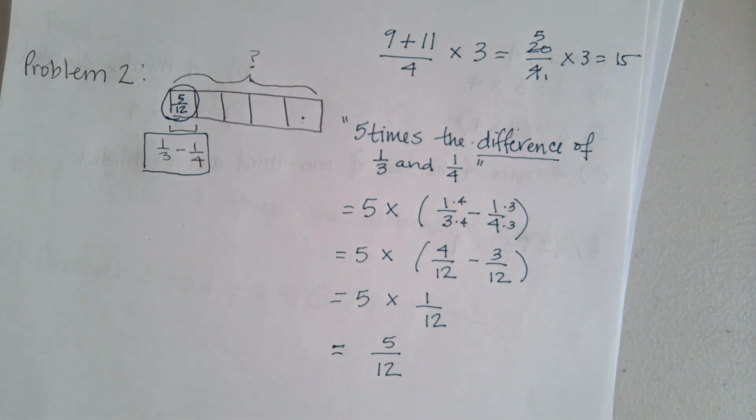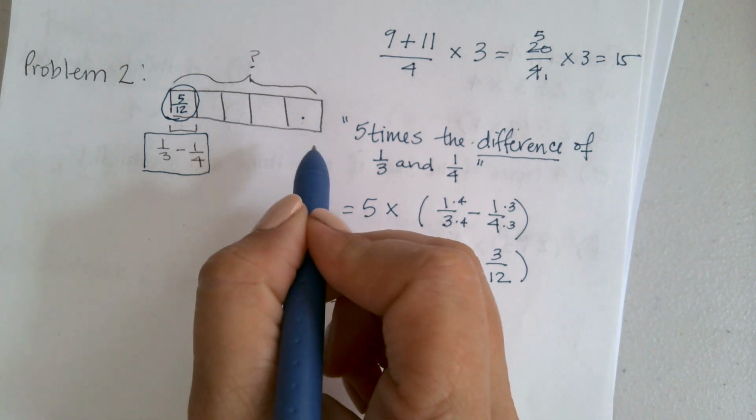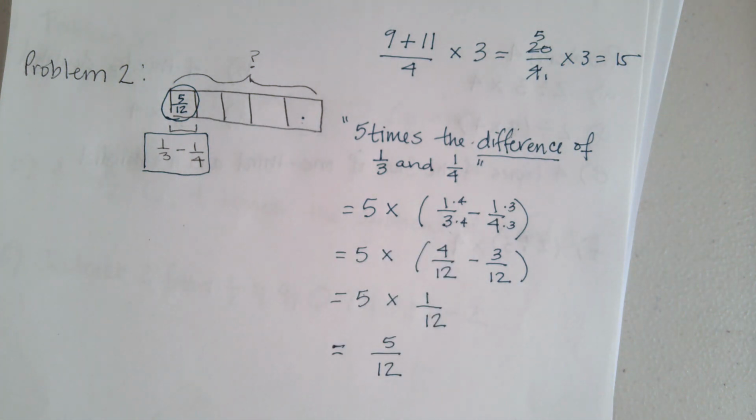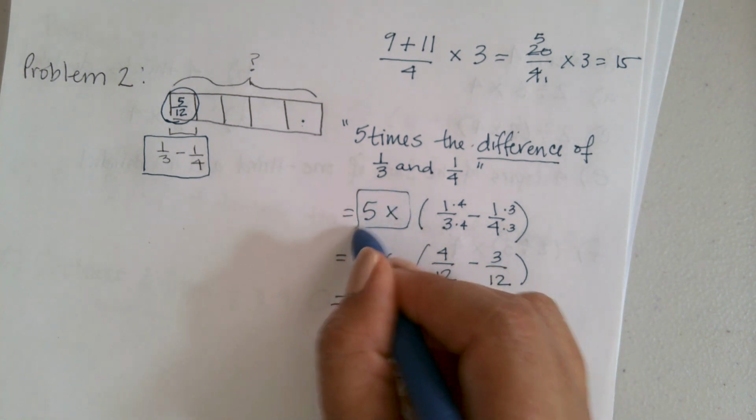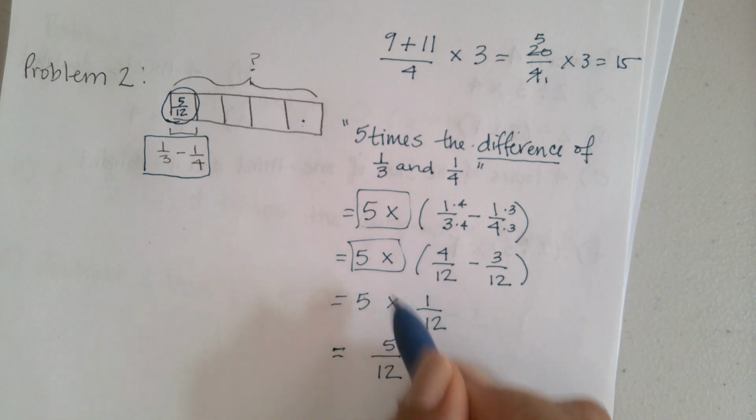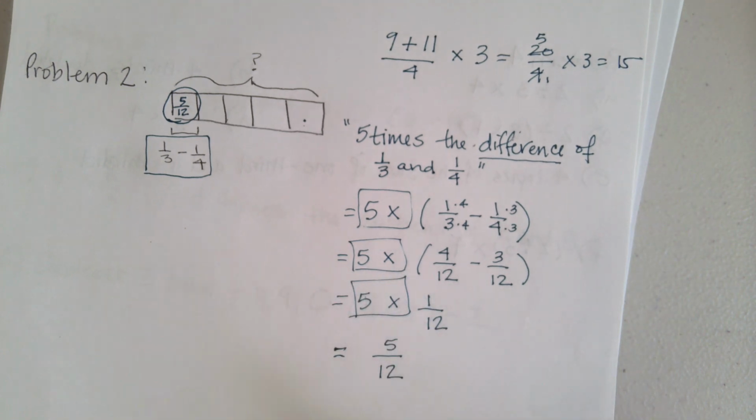Well, you have 5 units of the difference between 1/3 and 1/4. Oh, we already did that. Sorry. Just kidding. We already did it 5 times. So 5/12 is 5 units of 1/3 minus 1/4.